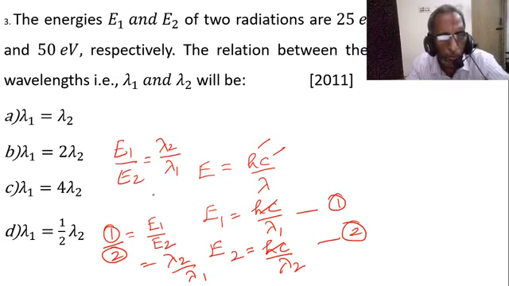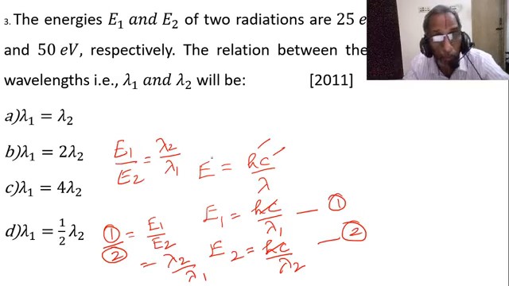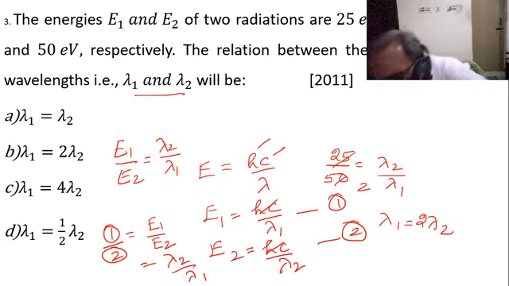But it is given as the lambda 1 by lambda 2 ratio. Whatever be the case, let us see. E1 is given as 25, E2 is given as 50, equal to lambda 2 by lambda 1. So it is 1 by 2. If you cross multiply, lambda 1 is equal to 2 lambda 2.